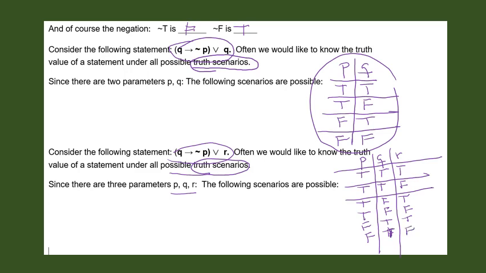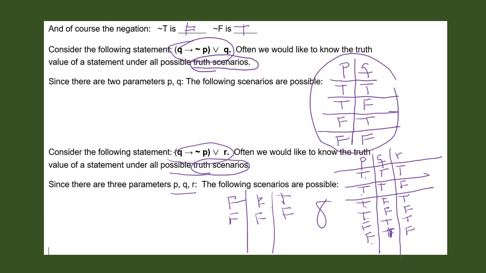I'm running out of space here. But again, let's keep on going. P could be false, Q could be false, R could be true, P could be false, Q could be false, and R could be false. 1, 2, 3, 4, 5, 6, 7, 8. There were 8 possible scenarios here.